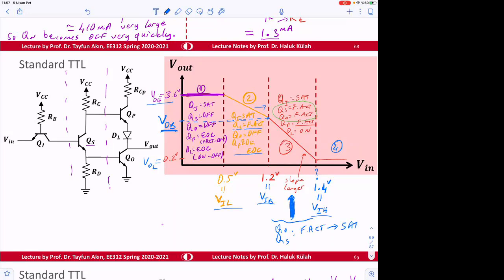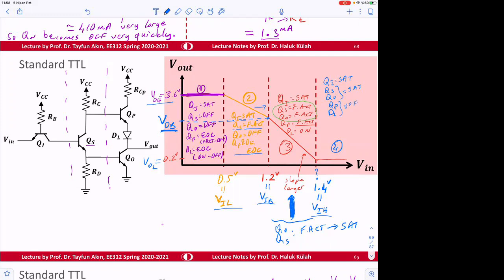And in all these regions, this will be the region where QI is going to be SAT, QS and QO become SAT, and then QP and DL, DL becomes off.